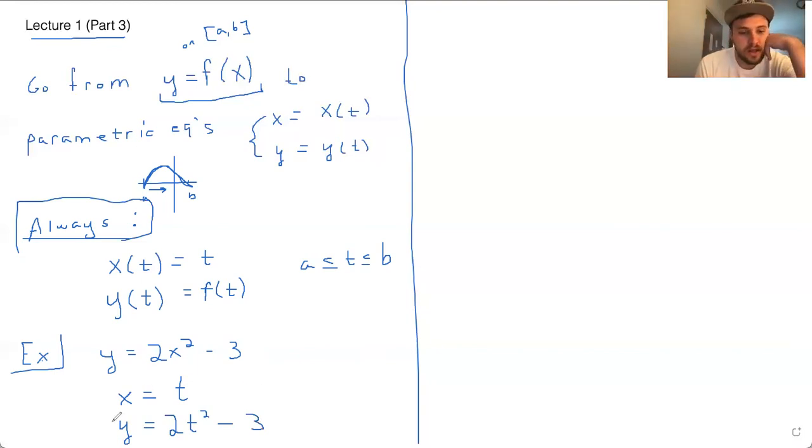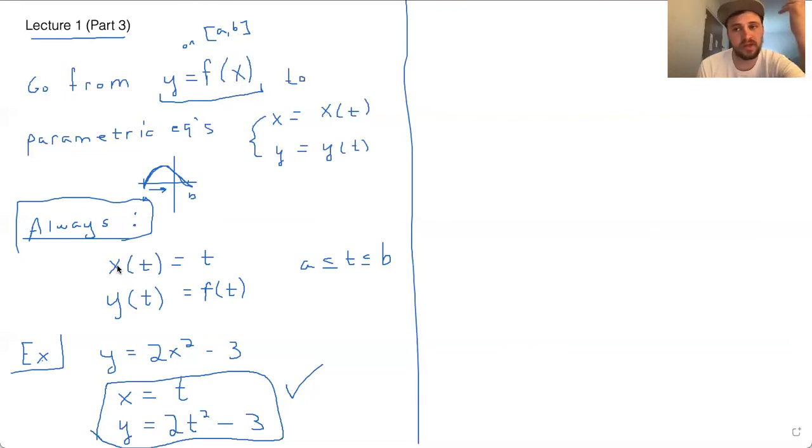And that's a parameterization for this curve. However, what I want to say from here is, this always works, right? And so that's good that we can take some continuous function over an interval and say, let's let x of t be t, and then we just plug in t everywhere we saw an x, and then we're good to go. This is not necessarily unique, and sometimes it's advantageous, depending on setting or application, to define a different parameterization.